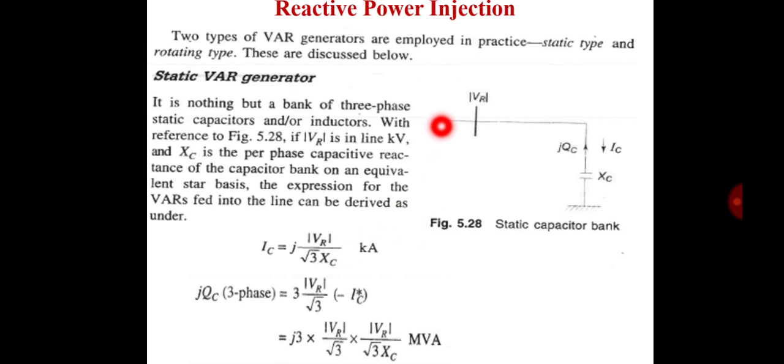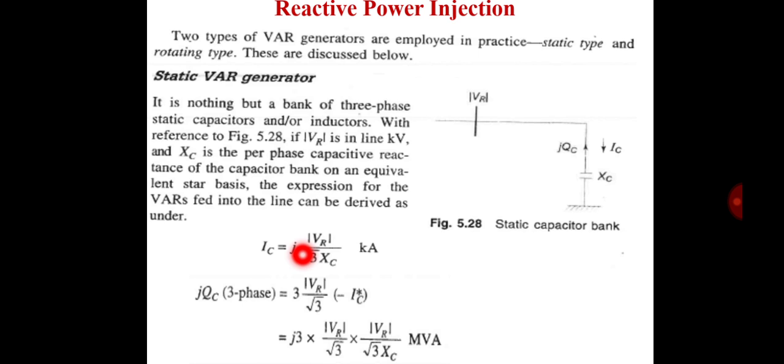IC is equal to voltage divided by reactance. The voltage is VR by root 3, the phase voltage, and XC is the reactance. So three-phase QC is equal to 3 times VR by root 3 into minus IC conjugate. Putting the value of IC, QC is equal to j3 into VR by root 3 into VR by root 3 XC, in MVA.